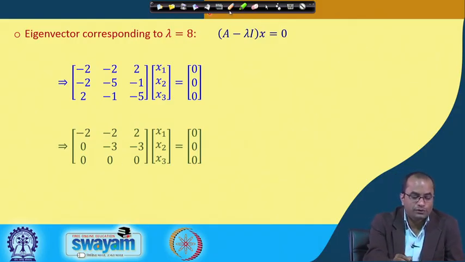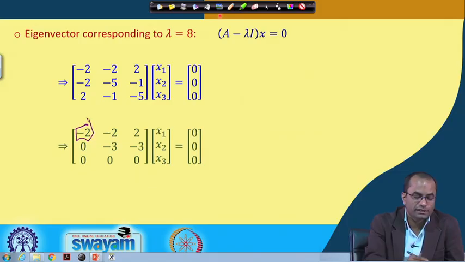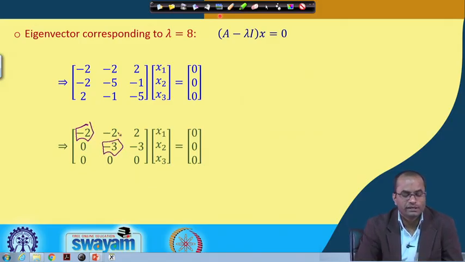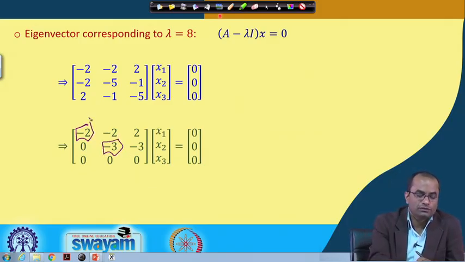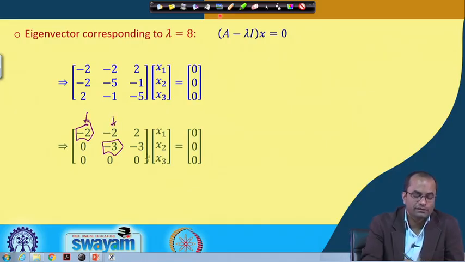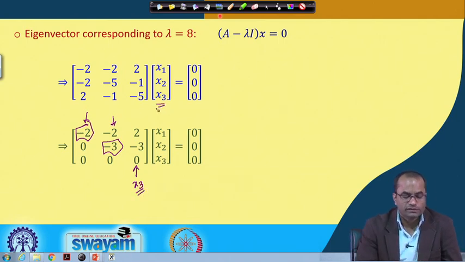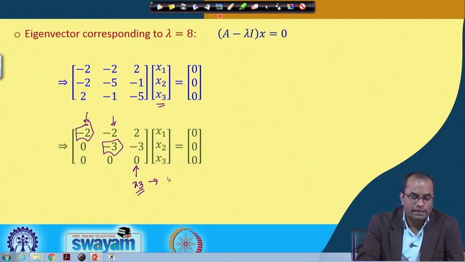Now we observe that this is a pivot element, and here also we have a pivot element. So, the first 2 columns have pivot elements, the third column does not. That corresponds to the x3 component of this vector, which we can take as the free variable.